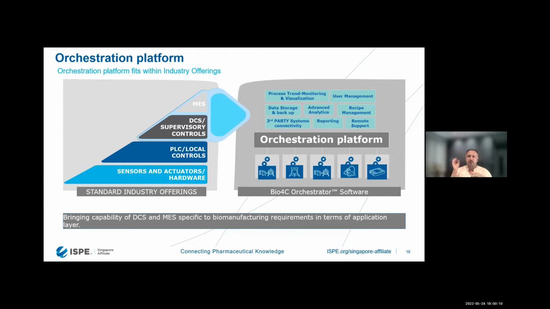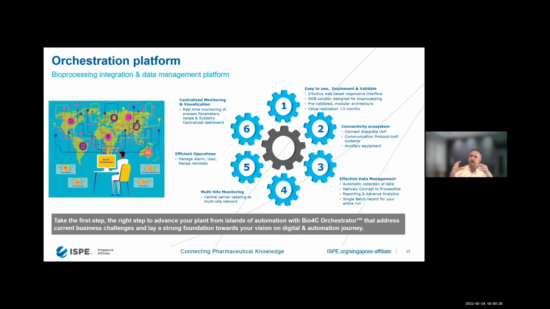So if I have to give you a little glimpse of the orchestration platform, it certainly connects to multiple unit operations, and there are various modules that you can think of on top of the platform. The platform is built around centralized monitoring and visualization of all the connected systems, and it brings a lot of efficiency into your operations.